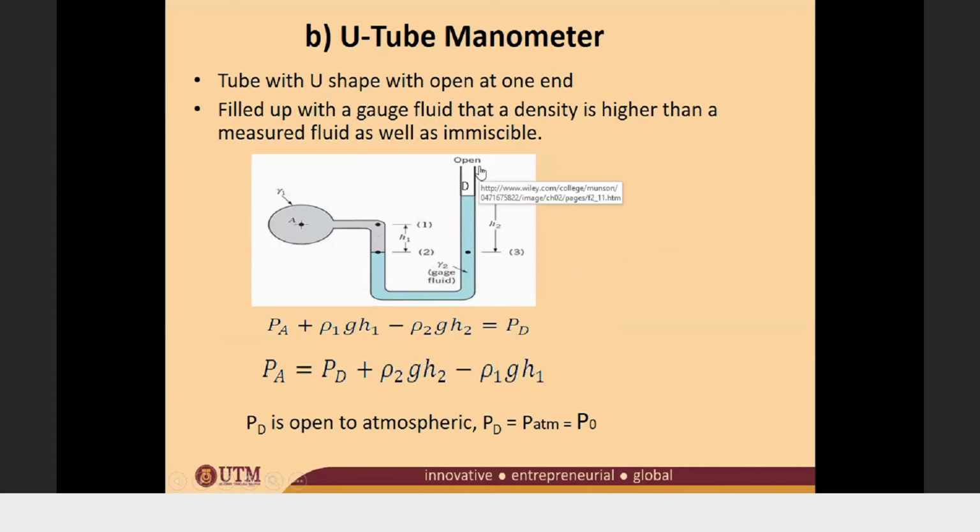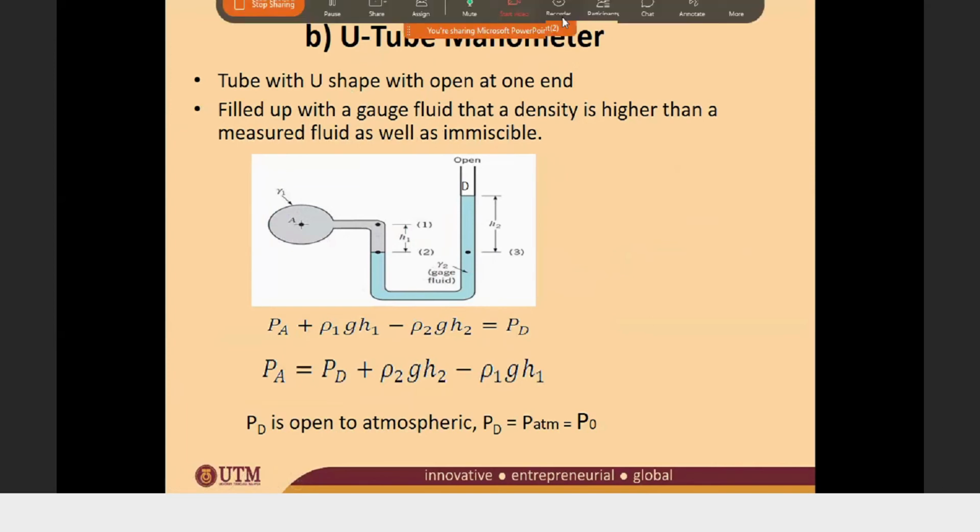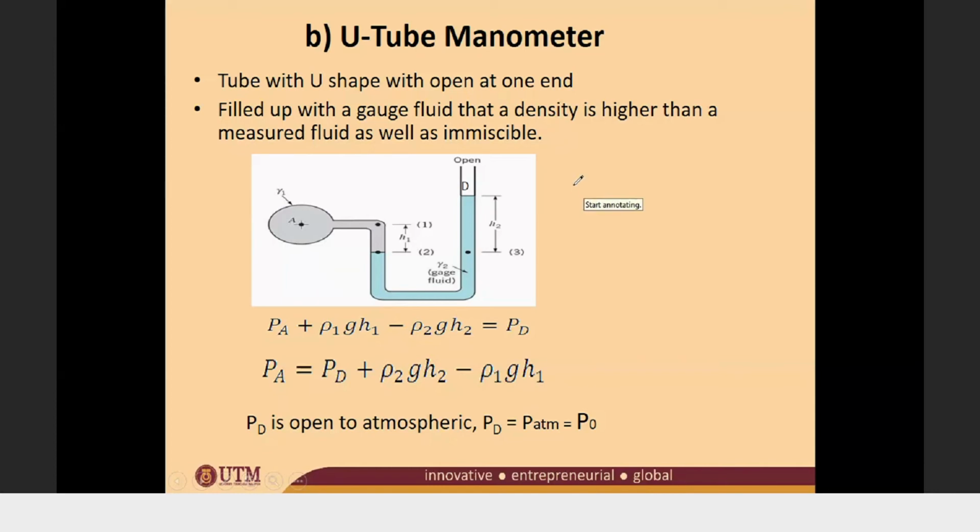I'll explain the two methods. Method one.